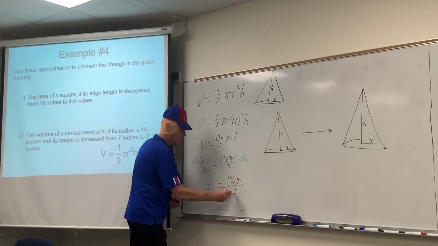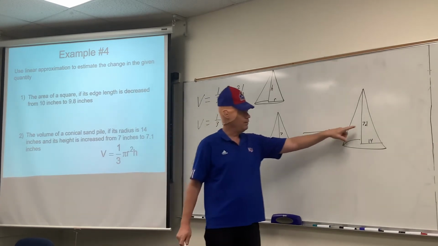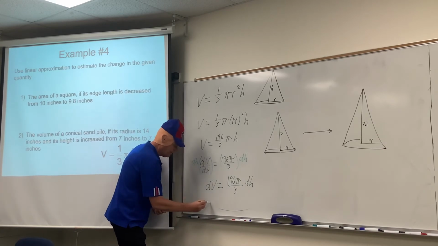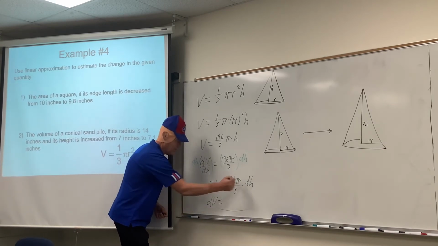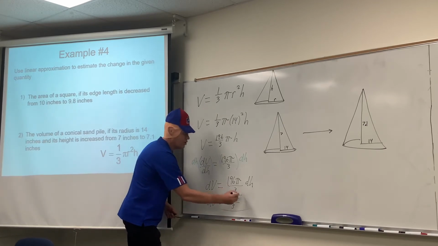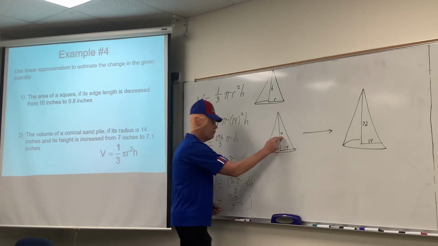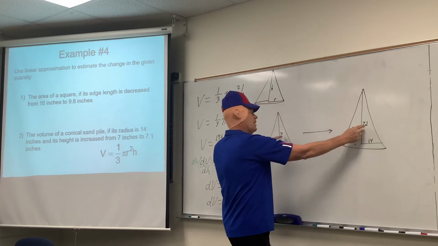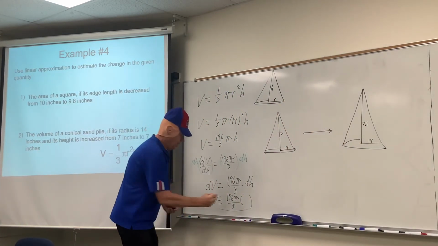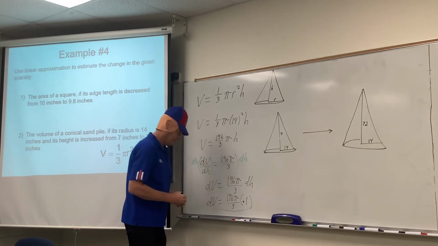Now what? Well, the dH would be the change in the height from the first cone to the second cone. So we've got 196 pi over 3, and the change in height from the first cone to the second cone is how much? 0.1 of an inch. So that's the dH, 0.1.